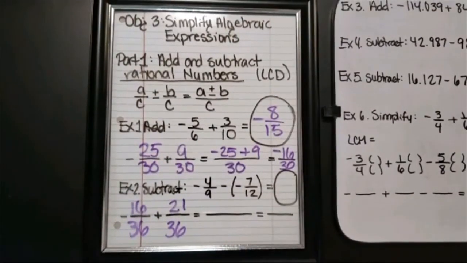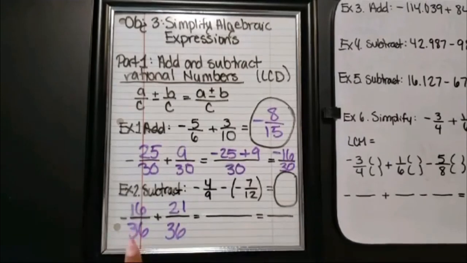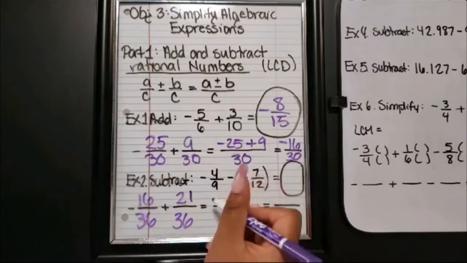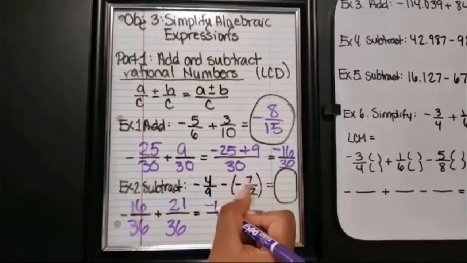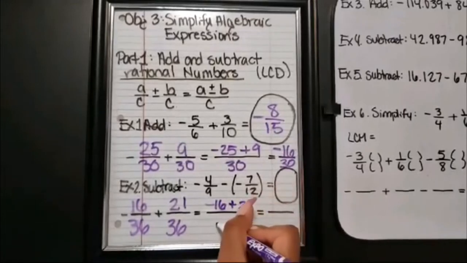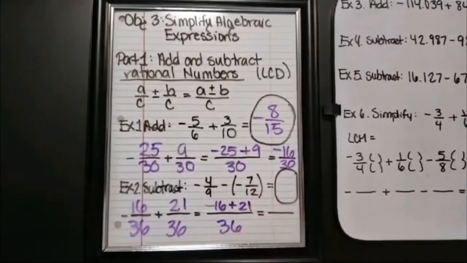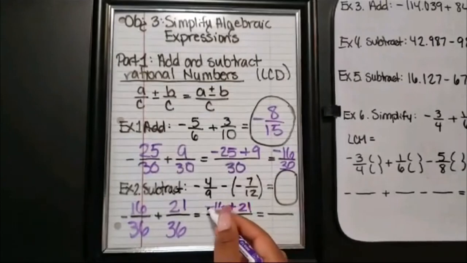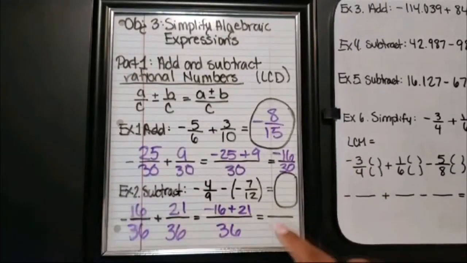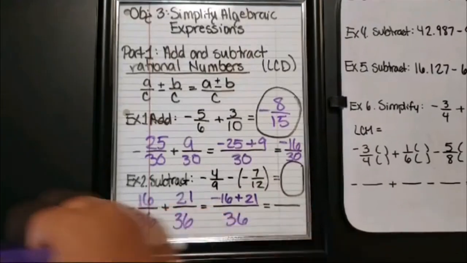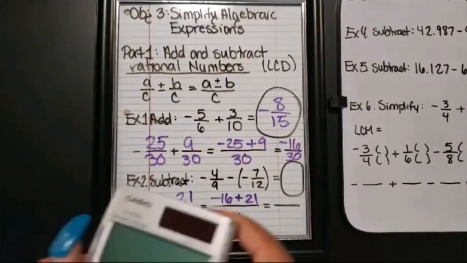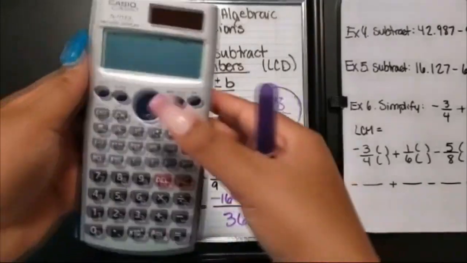So now let's take a look. We have the same denominator now, so we can just add what's on top. So we have negative 16 plus 21, and it's over 36. All right. Now you can put this whole thing in your calculator if you would like to. So let me show you guys what that will look like.